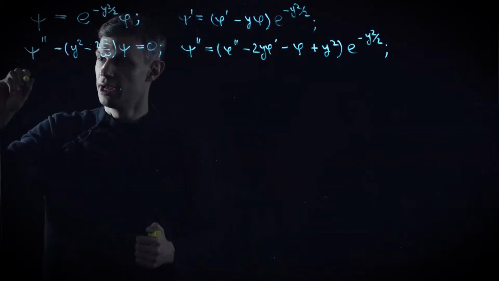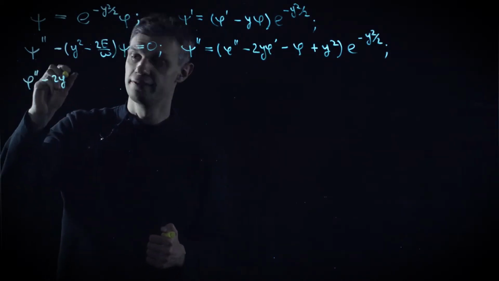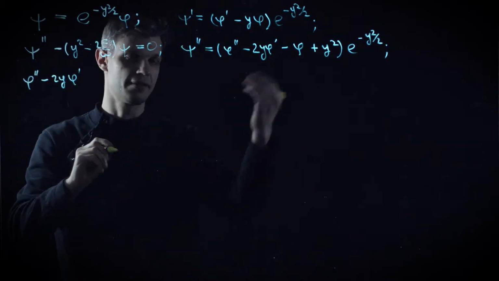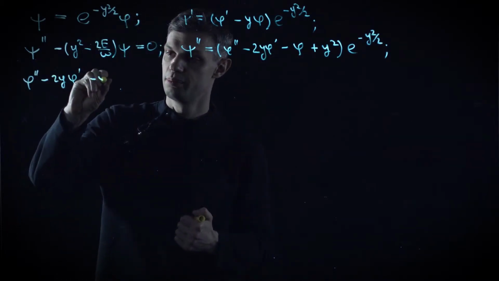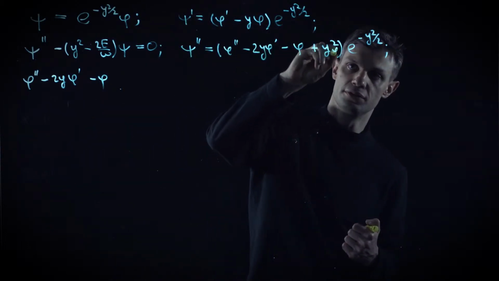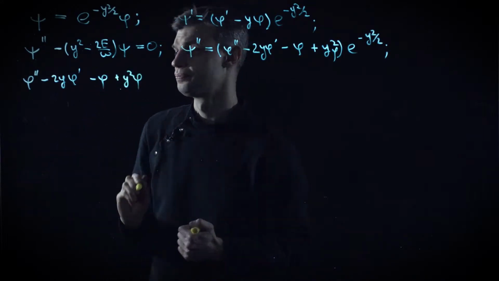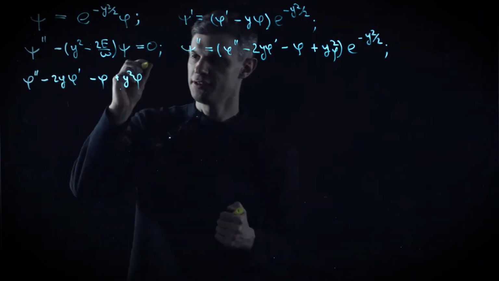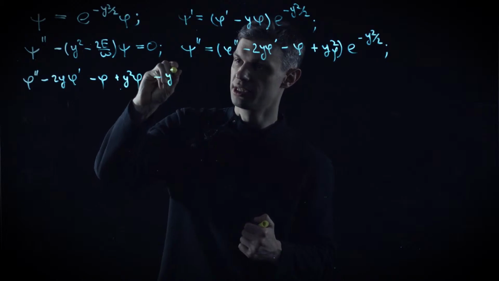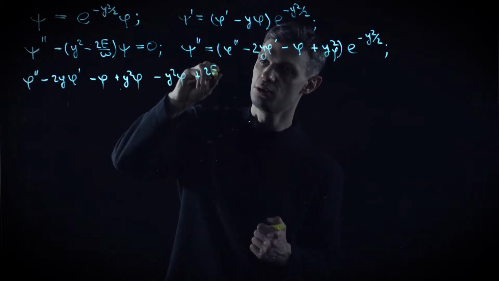So phi prime prime minus 2y phi prime and minus this term minus phi, plus y squared phi, of course, plus y squared phi. So this second derivative term minus y squared phi and plus 2e over omega phi.